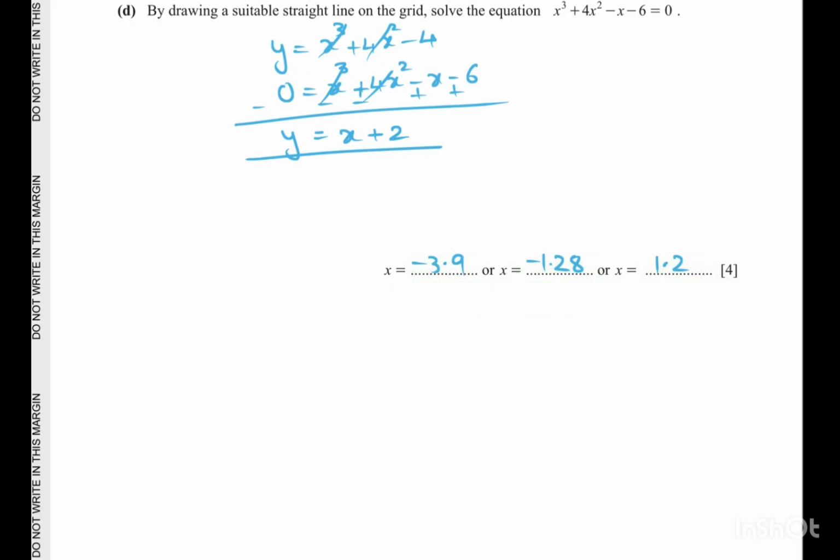These are the 3 values you can write for x.